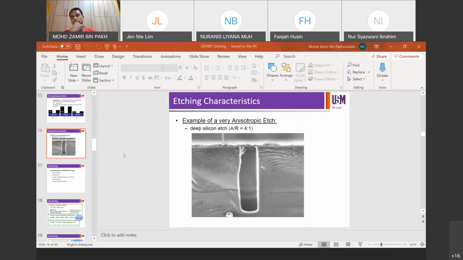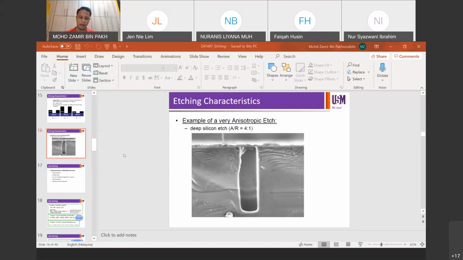How many types of etching do we have? How many categories? Wet etch and dry etch. Okay, good. Wet etch and dry etch, just like the oxidation process, wet and dry. What is the gist of wet etch?